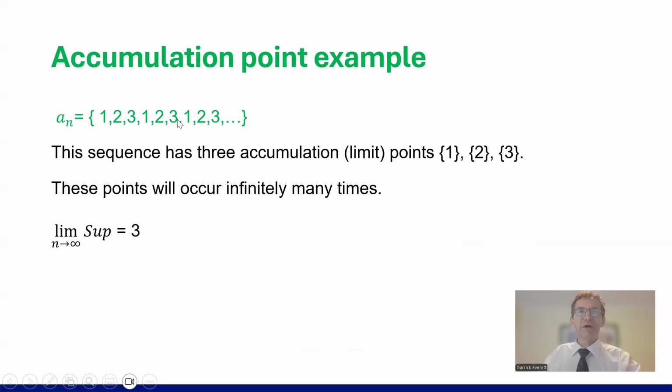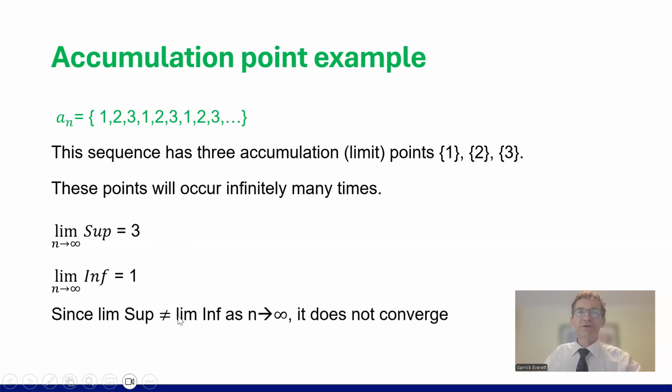Obviously, that is the biggest value you can get. And lim inf, the lowest value you can get, is 1. Now, because lim sup is not equal to lim inf as n approaches infinity, it does not converge. Okay, so it's pretty easy to master that. If lim sup does not equal lim inf, then it's not going to converge.